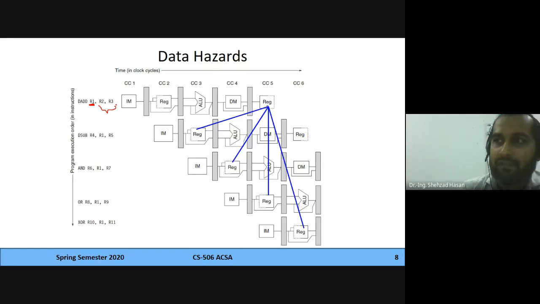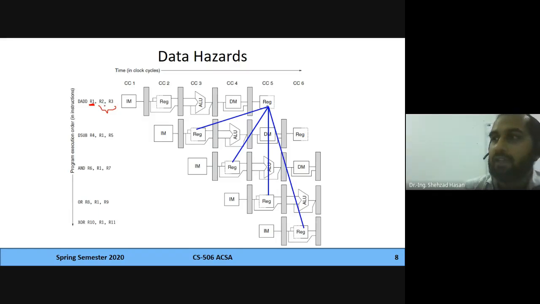So the answer is we need the result. We are not really interested in reading the registers. We are interested in its result. If we have this result, then we can continue with the subtract operation. The only thing is somehow we can give this result to the subtract instruction. Now, if you look over here, how early as possible are we getting this result?